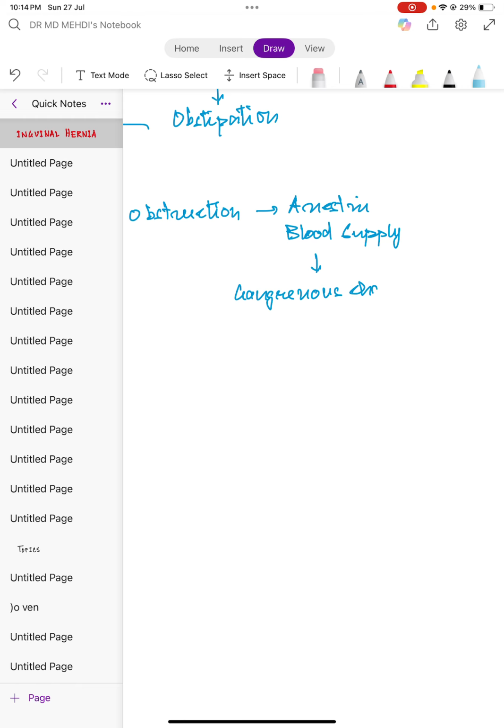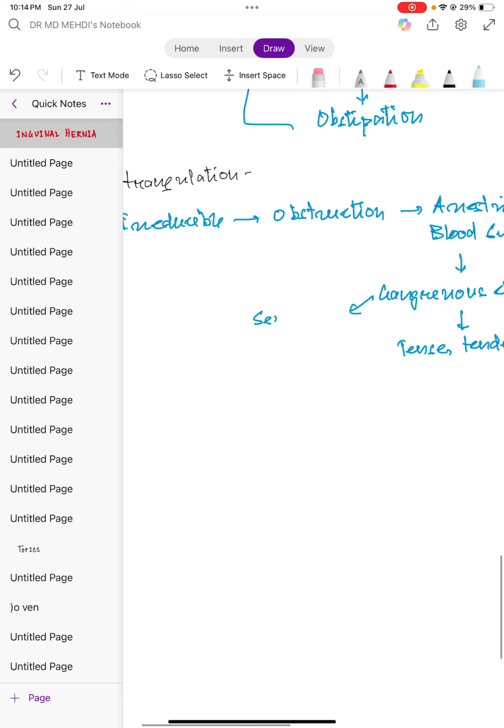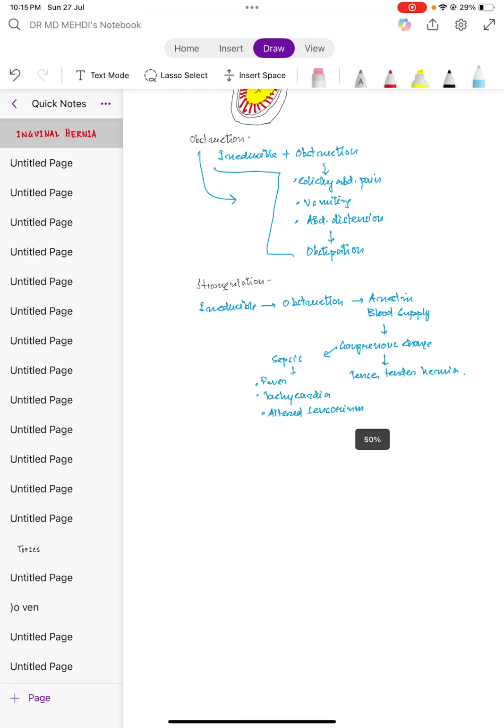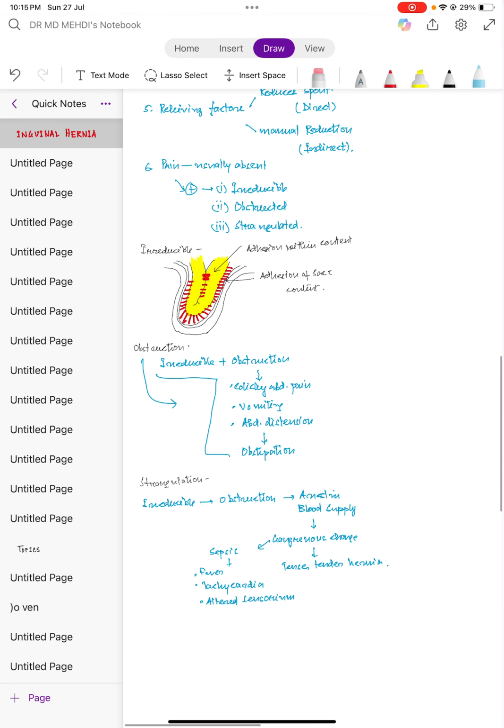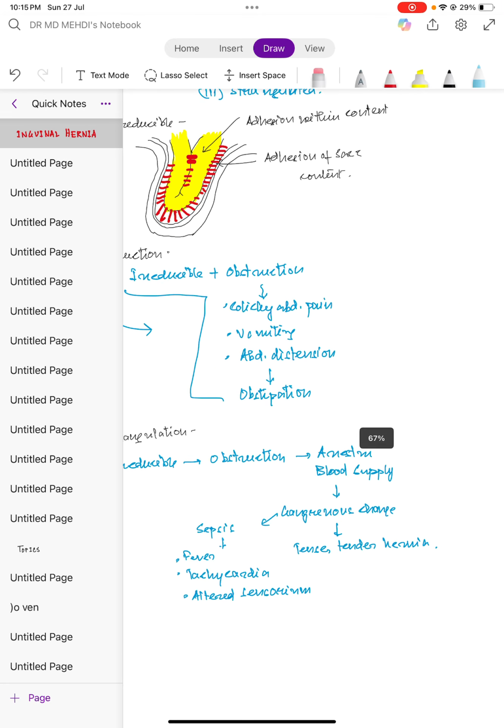Due to this gangrene the patient will have a tense, tender hernia, and this gangrene will also cause sepsis. So the patient will have fever, tachycardia, and in advanced cases there might be altered sensorium due to the sepsis. So these are the common ones: irreducible, obstruction, and strangulation.